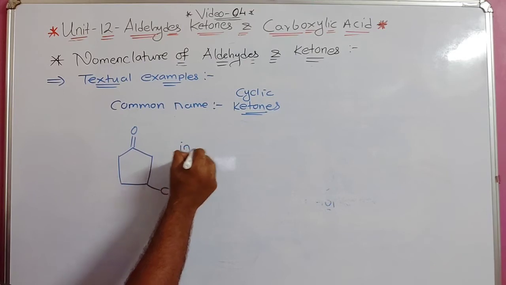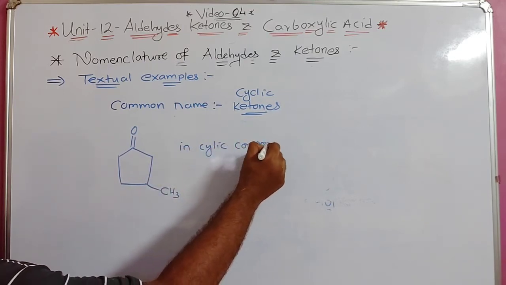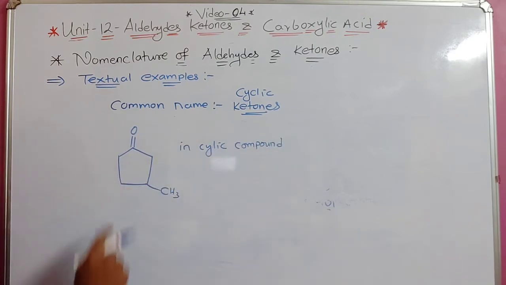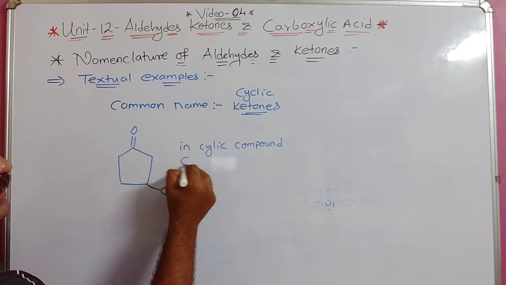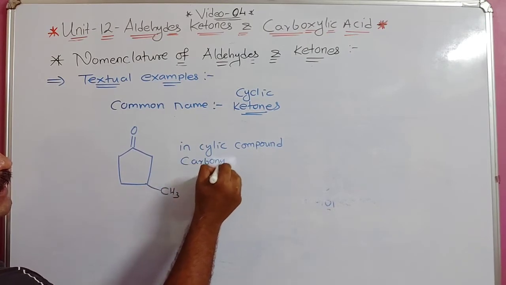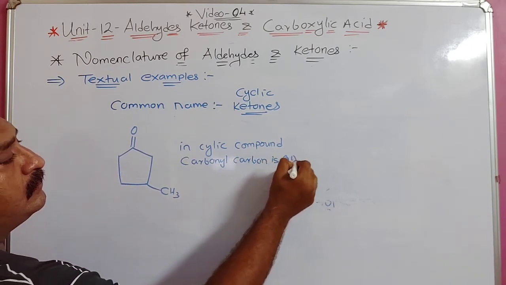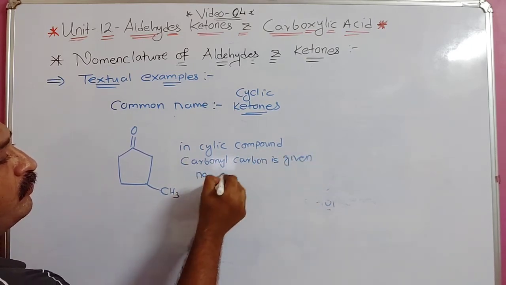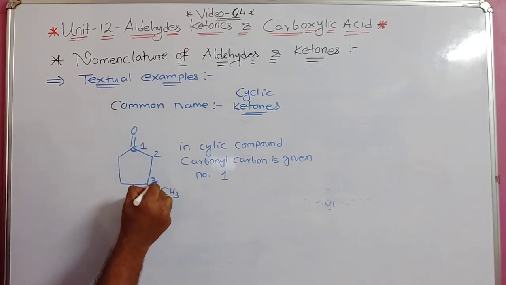Always remember, this is not a benzene ring, this is cyclopentane what we call. In a cyclic compound, the carbonyl carbon is given number 1. This carbon is 1, this is 2 and 3.